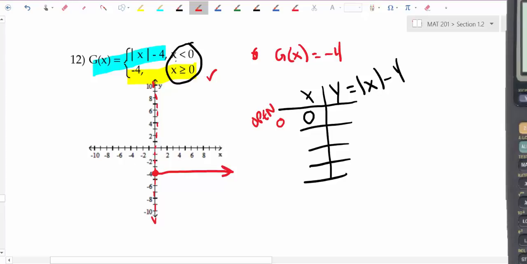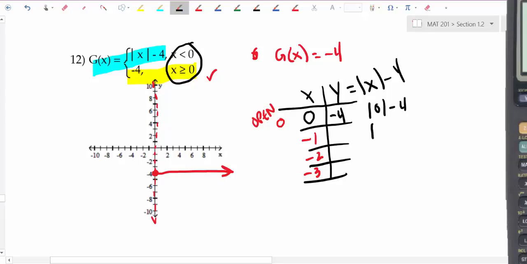Then I'm going to use negative numbers because that's what the problem says. Your graph of the absolute value function can only use negative x values. So I'm going to use like -1, -2, -3, as many as I want, and then we'll have a good graph. Now I just plug in x. So I do absolute value of 0 minus 4, which is going to be -4.